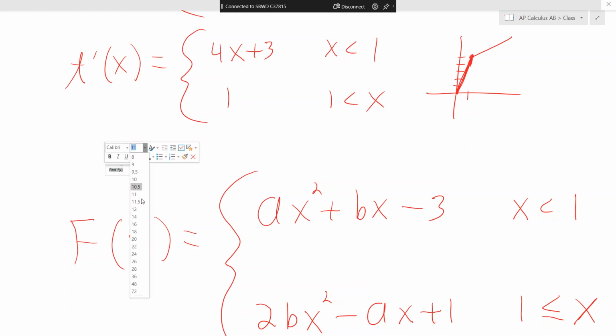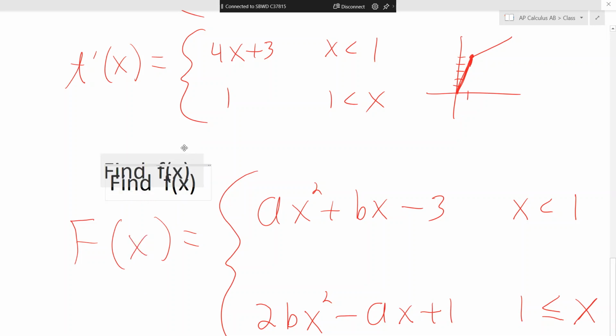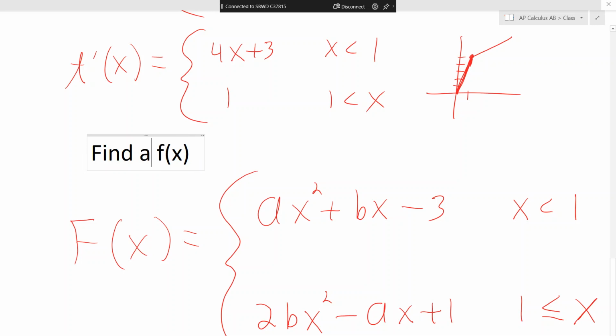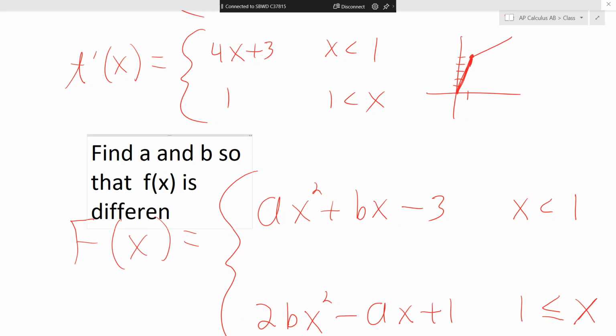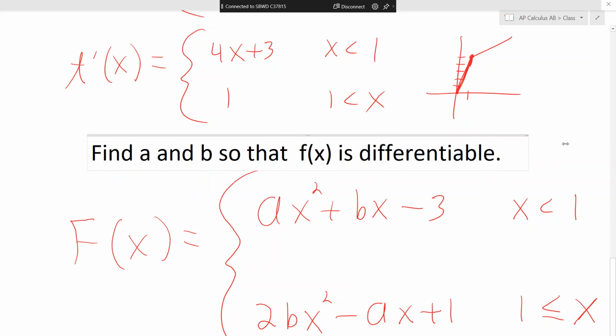Let's go. What kind of font do you think we need here? Like a 48. Ooh, that's not even that big. We're going all the way to the max. Find f of x. Nope, not find f of x. Find a and b so that f of x is differentiable. And if this, can I drag this out? Oh, good. There we go.